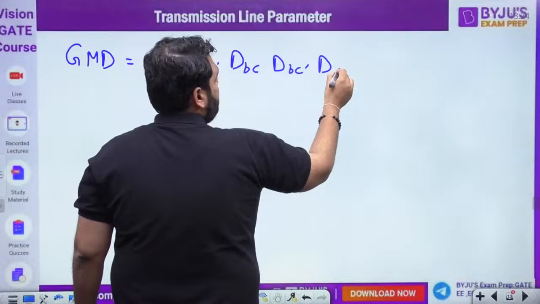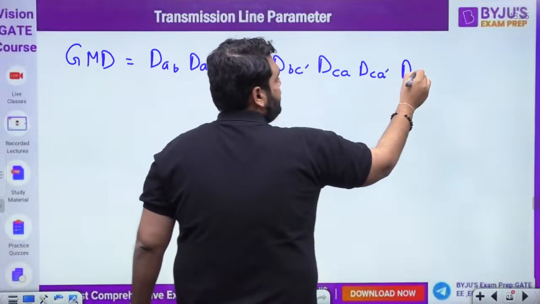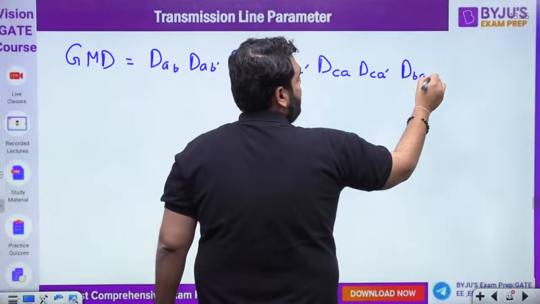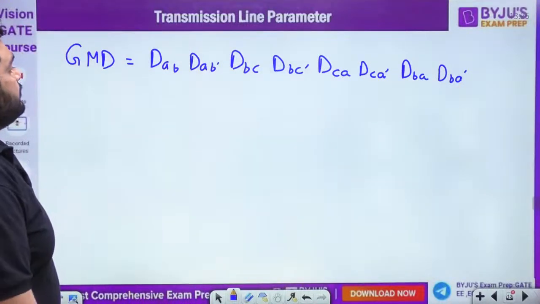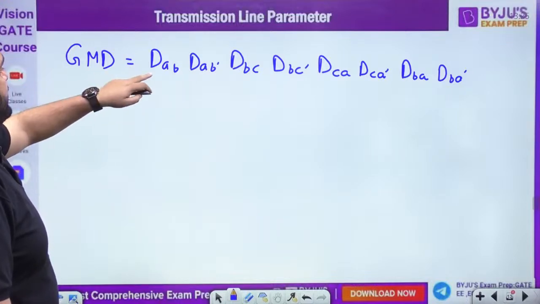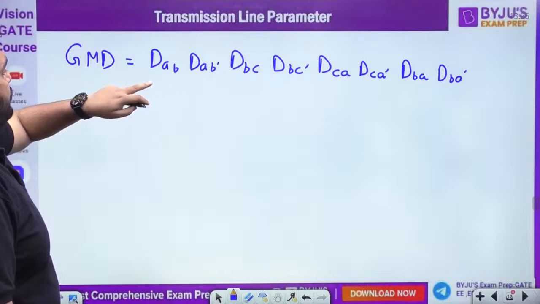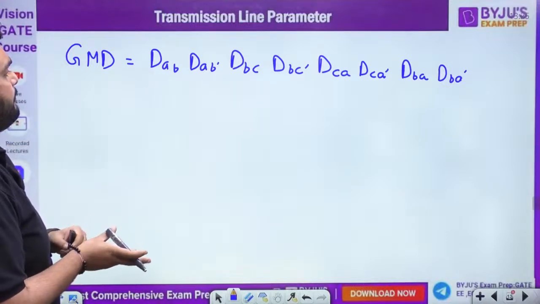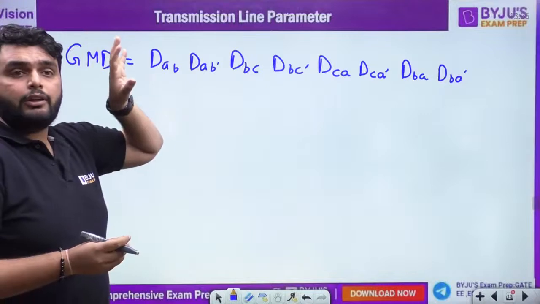Now next, distance of C from A, distance of C from A dash, distance of B from A, distance of B from A dash. Is there anything left? Let me check. AB dash, and you have CA dash, and you have BA dash, and BC dash, okay. Anything is left here? Yes or no?